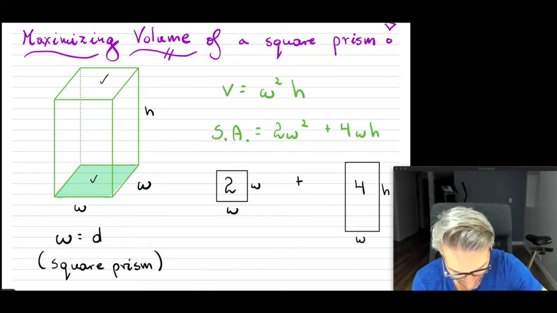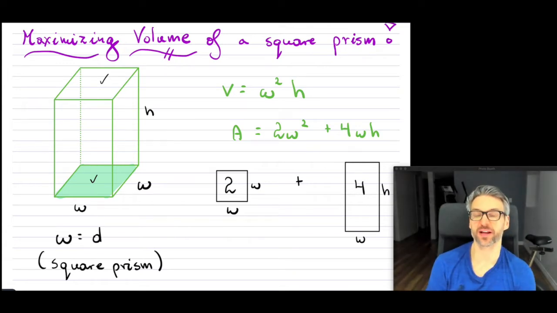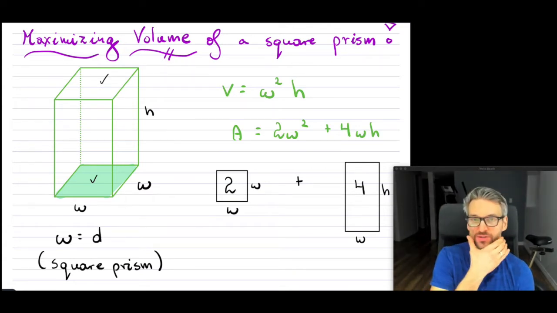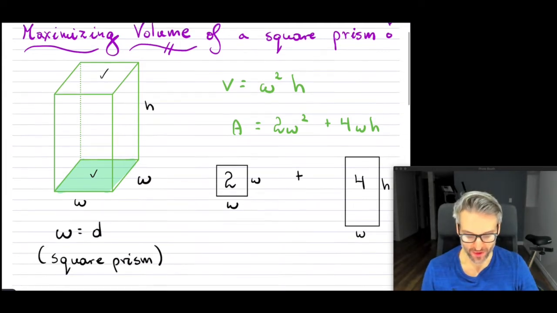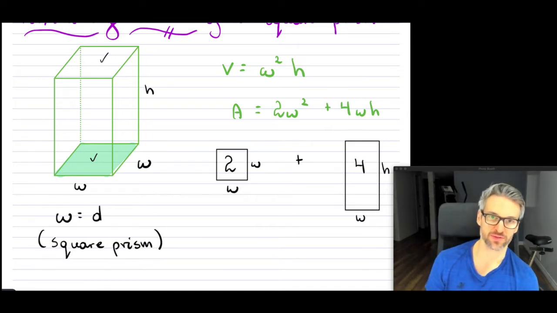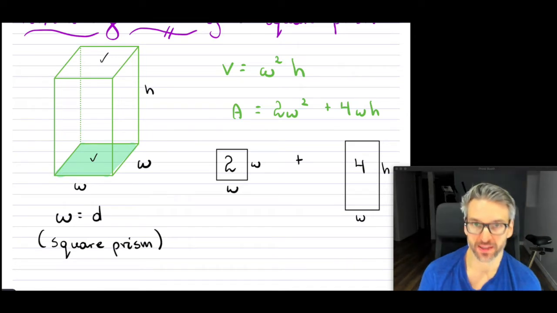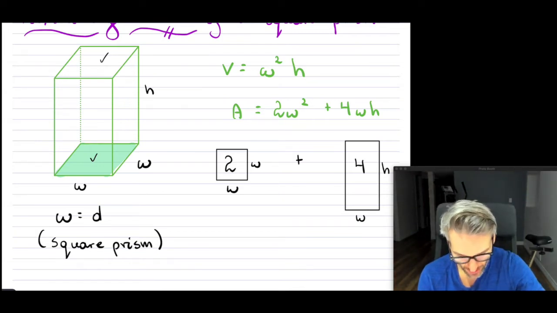Now, just for convenience, I'm going to simply say area here instead of surface area, just so that I don't have to constantly put surface area as A. When we were trying to maximize and minimize in the previous videos, I used the trick of taking whatever is given.